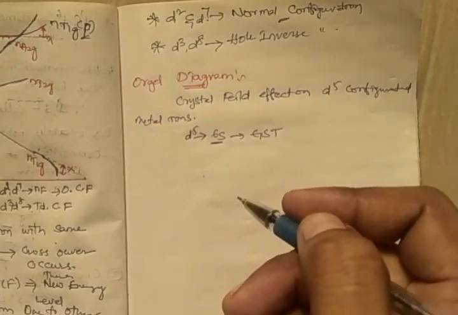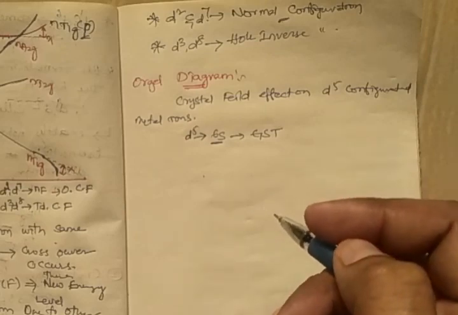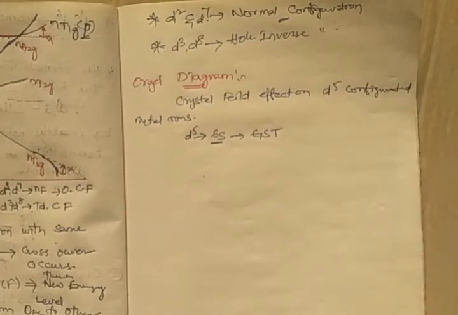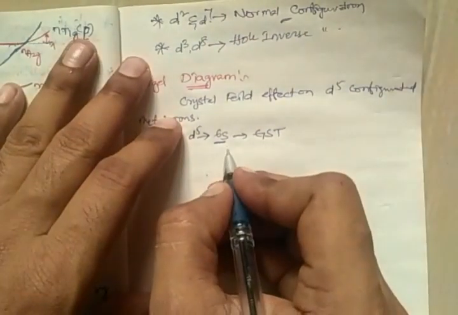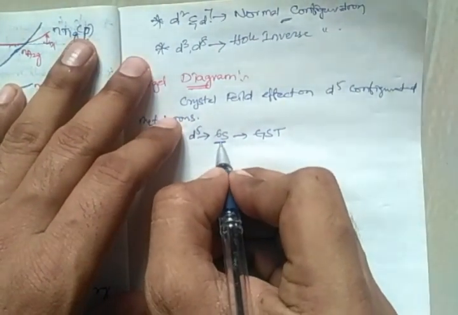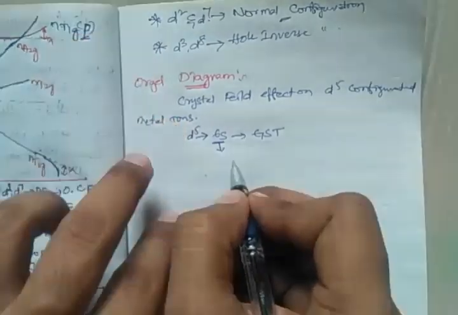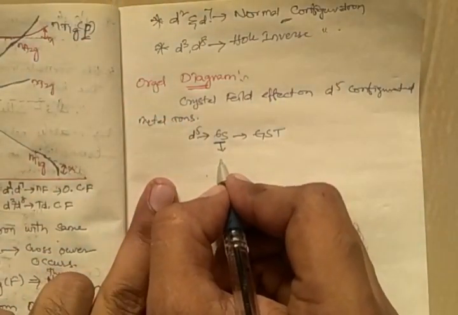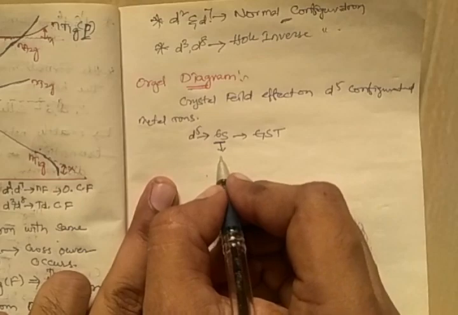So the transitions, the practical result suggesting transitions, can now be explained when we extend the crystal field effect to the next higher energy level of terms.